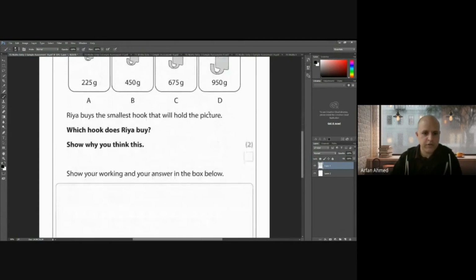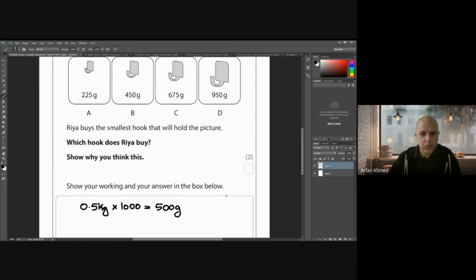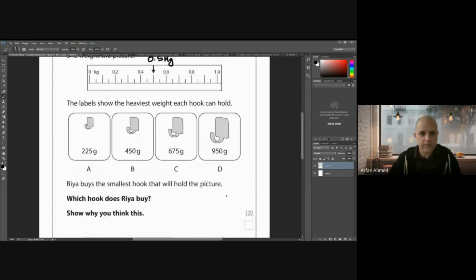Let's put our working out in here. 0.5 kg. If we times that by 1,000, let's change it to grams. You should know that's half a kilogram, 500 grams. You can just type it in your calculator. You should get the same. So that's the weight of the picture, 500 grams.